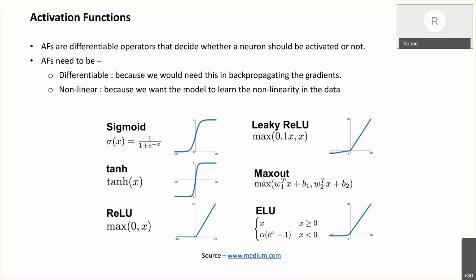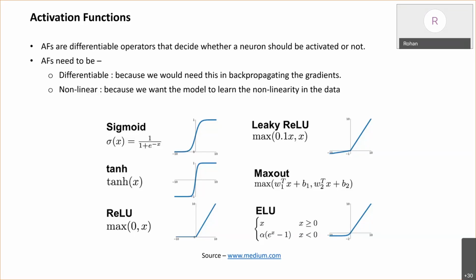Correct. There's something called a leaky ReLU as well. That is a small variation on top of ReLU where we want to go slightly in the negative direction, but not so much, right? So what we do is we do max of 0.1 times x, and x. So we are going in the negative direction also.